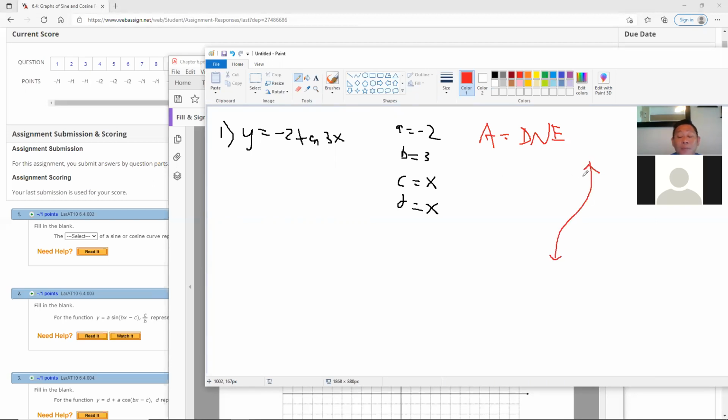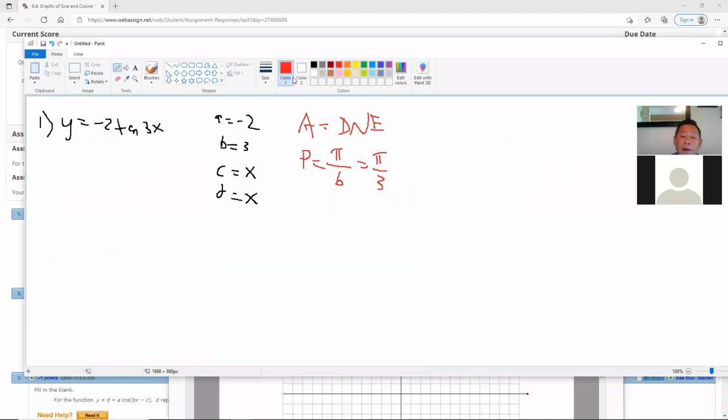You notice that there's no maximum and no minimum. The maximum is infinity. So for all your tangent and cotangent graphs, the amplitude does not exist, but it does have a period. And don't forget, the period is no longer 2 pi over b, it's just pi over b. So your period in this case is pi over 3.